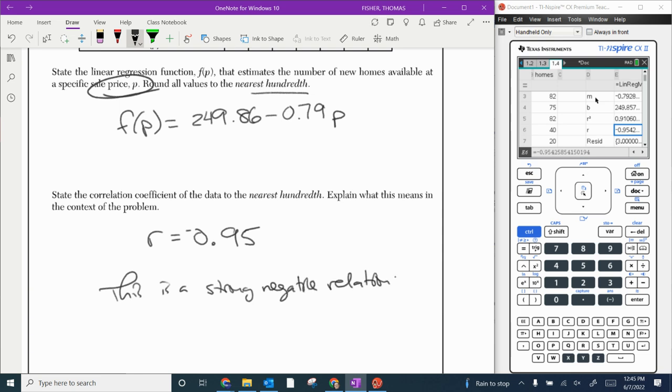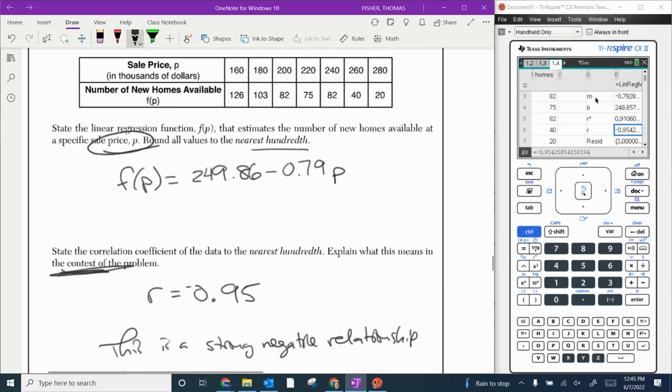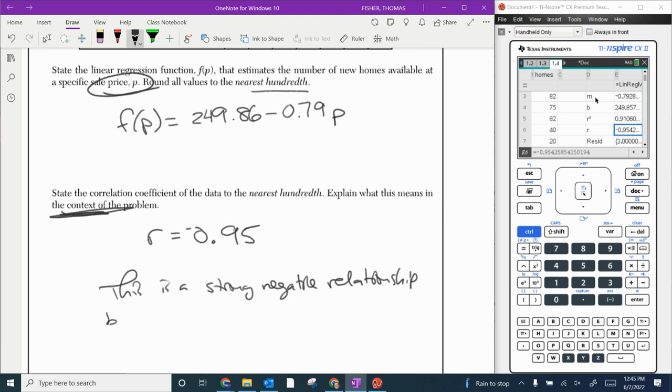And it does say in context, so you have to add a little more than that. In context, you can't just stop here. Strong negative relationship between the two things, so between sale price and number of new homes available.